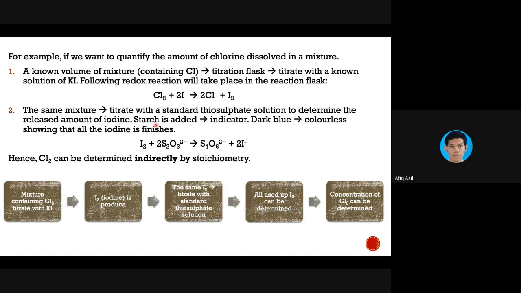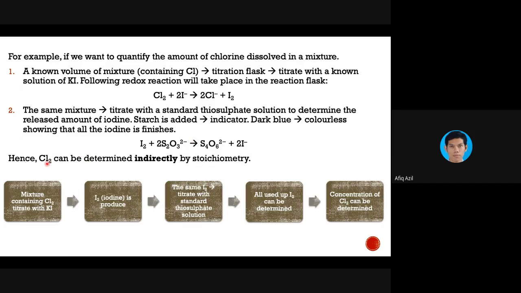Starch is added as indicator. Starch becomes dark blue because of the iodine. Once all of the iodine has been changed into iodide ion, the dark blue color becomes colorless, which signifies that all of the iodine has been fully reduced, from 0 to -1.